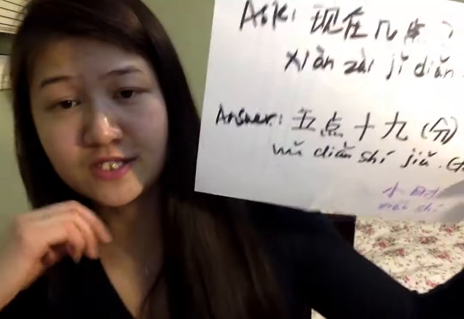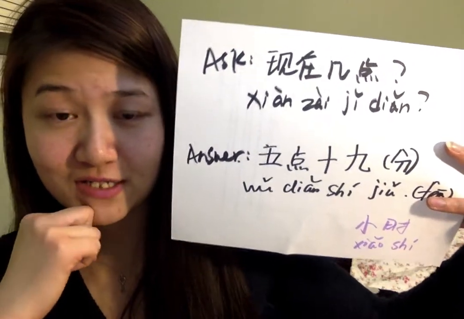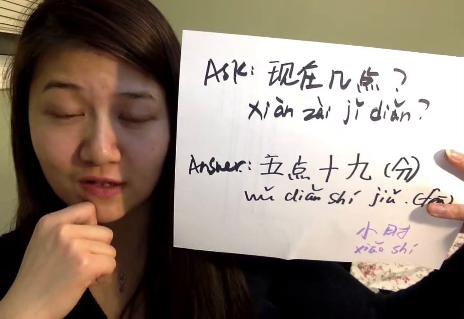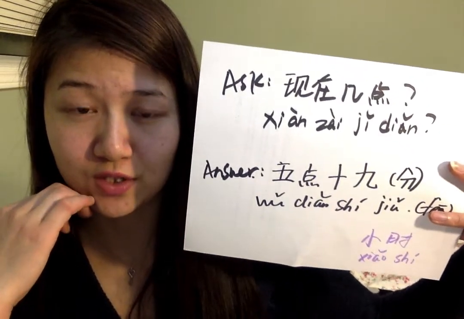So when you say 5 o'clock and 19 minutes, you can say 5点19分 or directly drop the 分, say 5点19, okay?